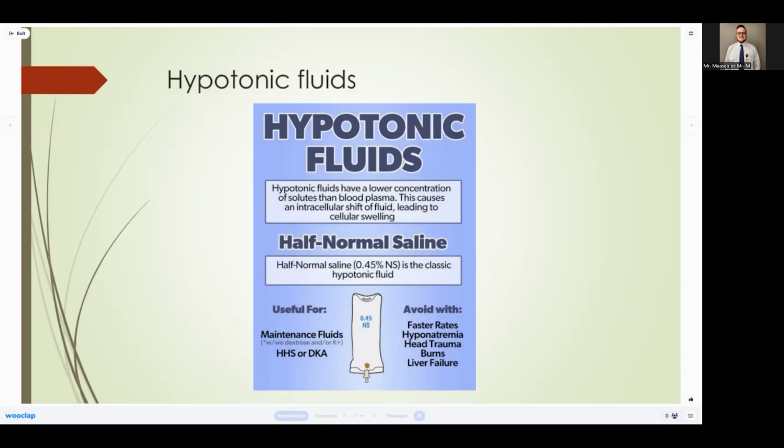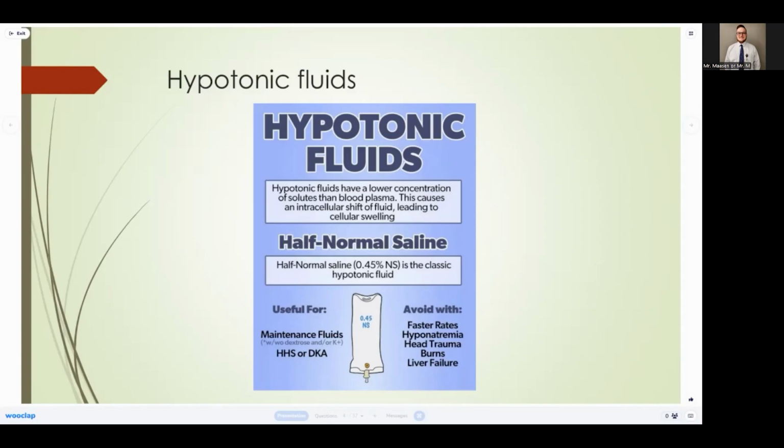So this can be used with maintenance fluids. Usually it's used for diabetic ketoacidosis or to treat acidosis. It's treating acidosis because when the fluid pulls into the cells, it pulls the hydrogen out of the bloodstream and also into cells. So that's why you could use a hypotonic solution like this.